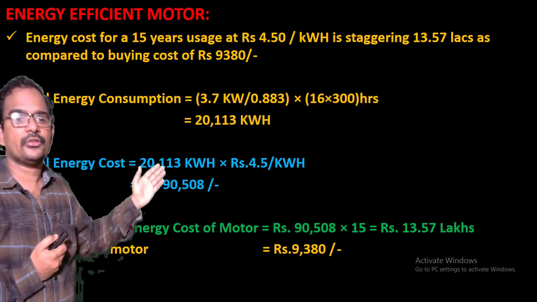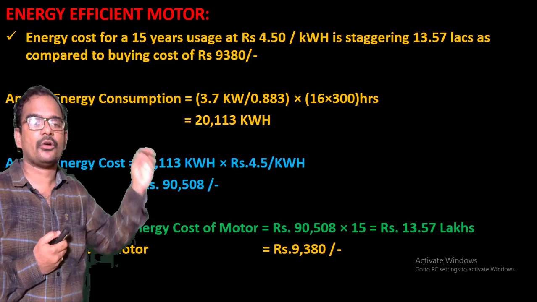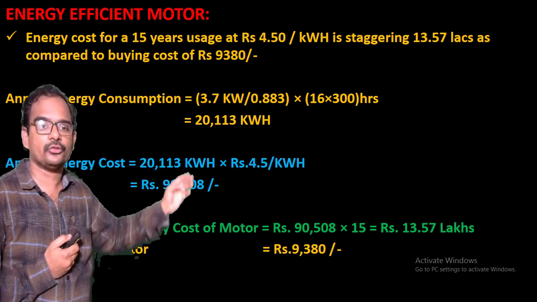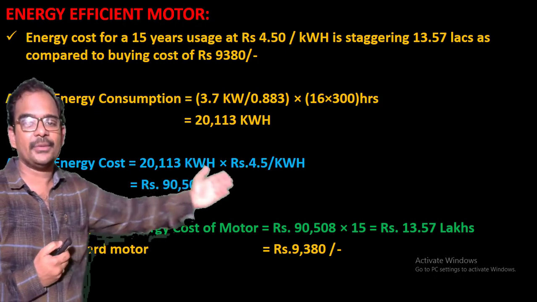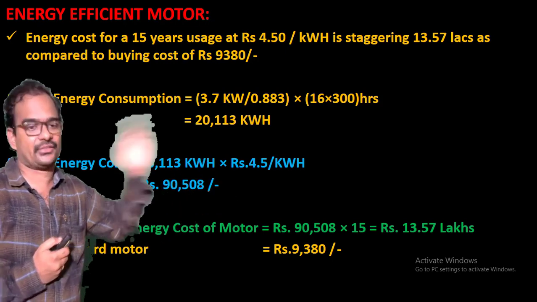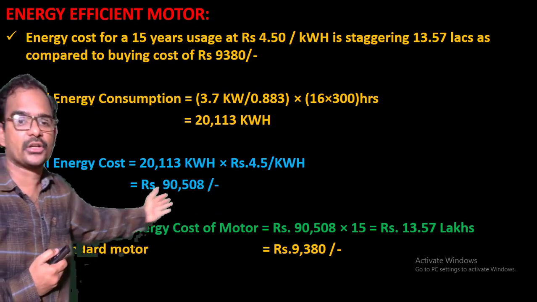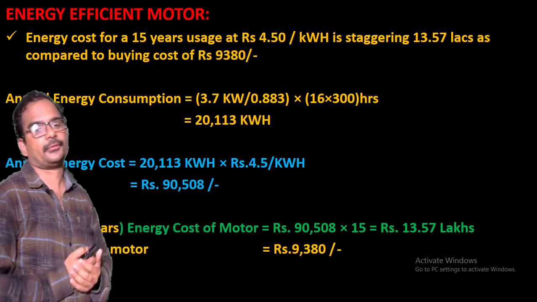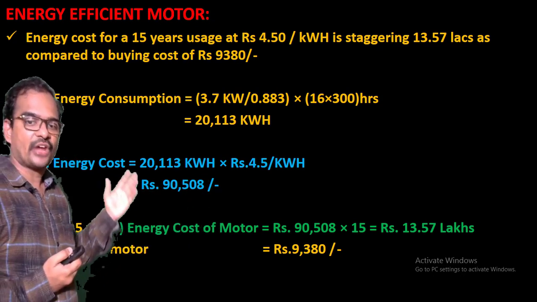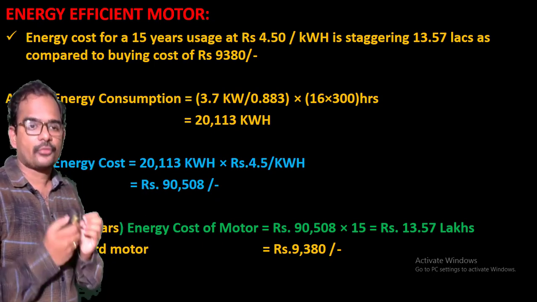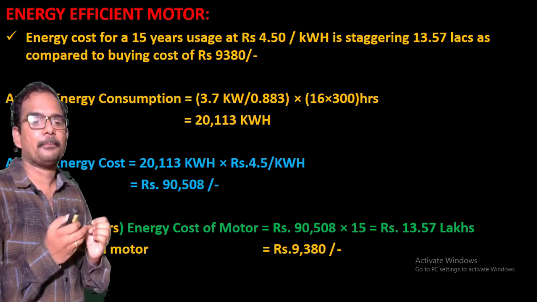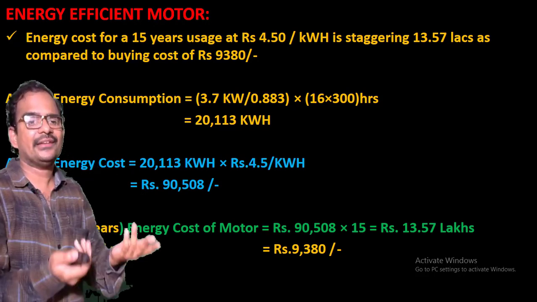That is 20,133 kilowatt hours, and the cost of each unit is 4.5 rupees, and you will get 90,508 rupees per year. For 15 years, this cost will be 13.57 lakhs. So what is the cost of the energy efficient motor? 9,380 rupees. The statement is valid for both the standard motor and the energy efficient motor. That is, the cost of the motor is negligible compared to the energy cost in its lifetime.